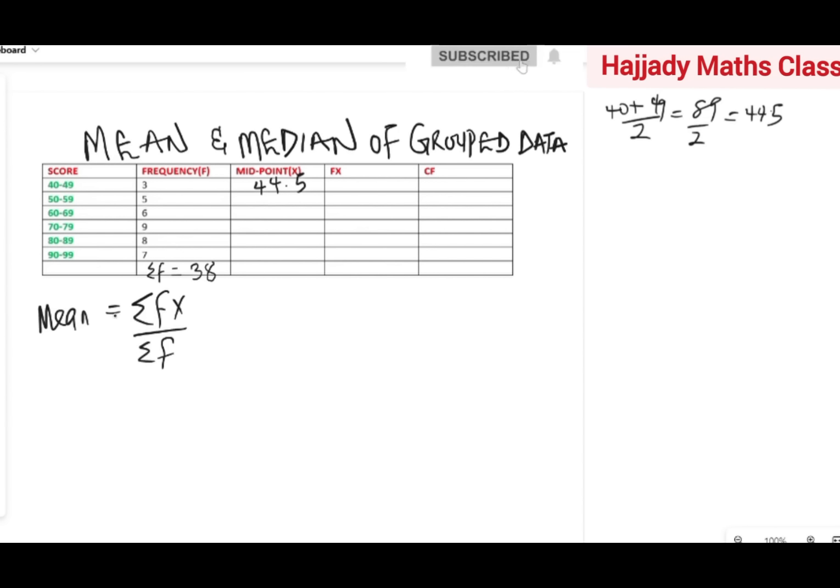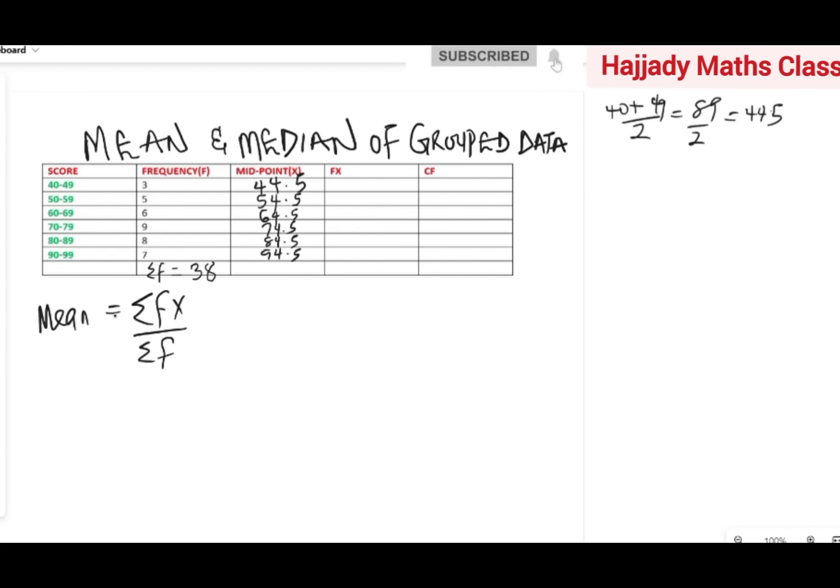The midpoint for 50 to 59 is going to give us 54.5. This is easy to know: just add 10 to it since it is at equal interval. This gives us 64.5, then 74.5, then 84.5, and then 94.5. So that is our midpoint.